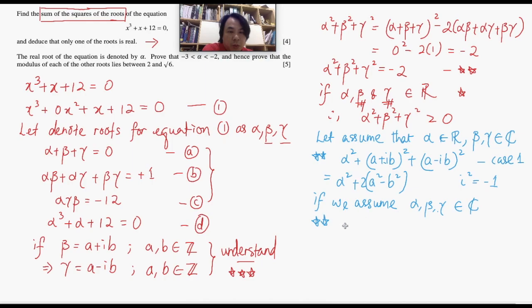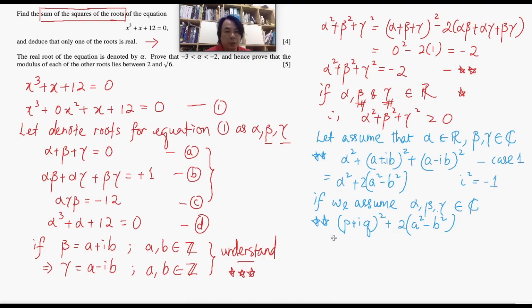Since both beta and gamma are complex conjugates to each other, I will be using a different symbol to denote the complex number for alpha. I'll just call that p plus iq. Then this one will represent alpha, and these two complex numbers will stay the same, a plus ib and a minus ib.